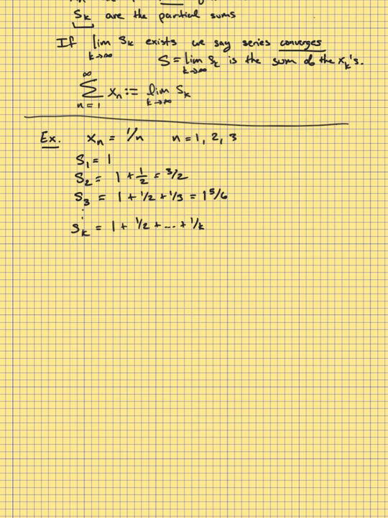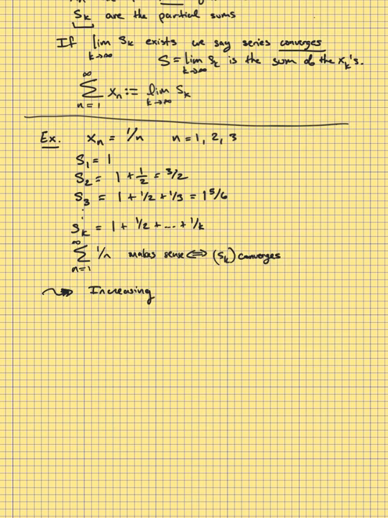And so when we write the sum from n equals 1 to infinity of 1 over n, this makes sense if and only if the s sub k's converge. Notice that the sequence s sub k is increasing, because you're adding positive numbers.